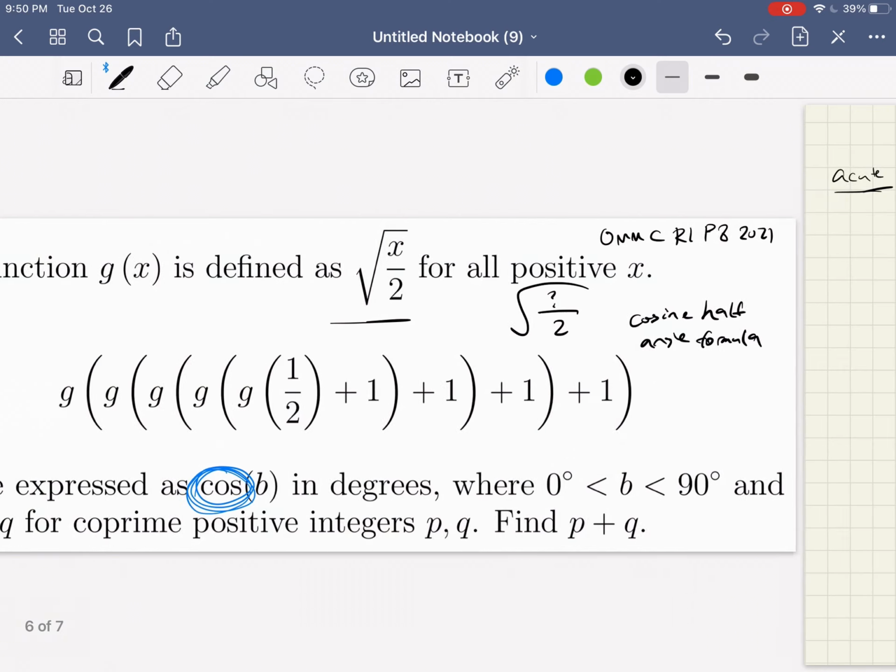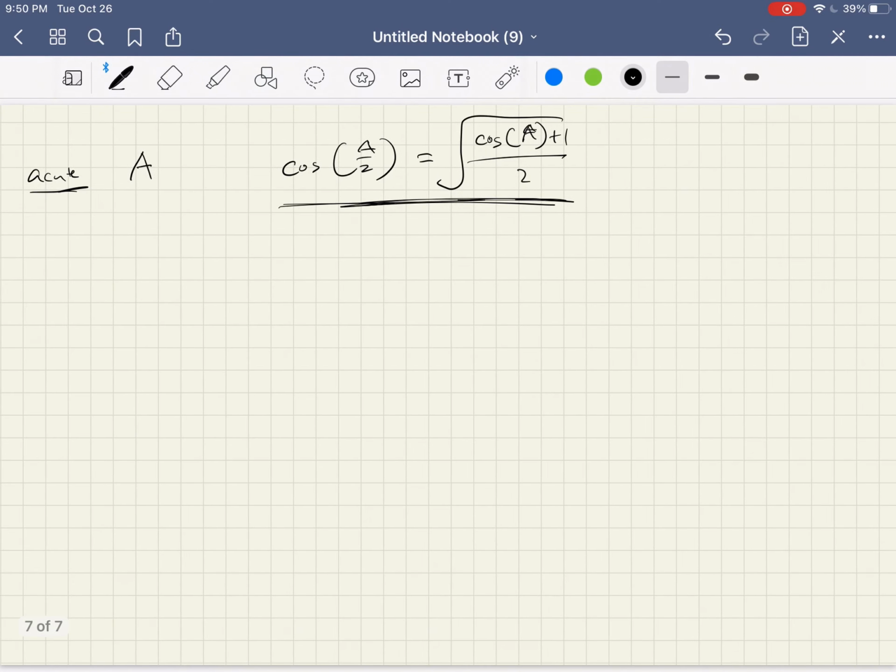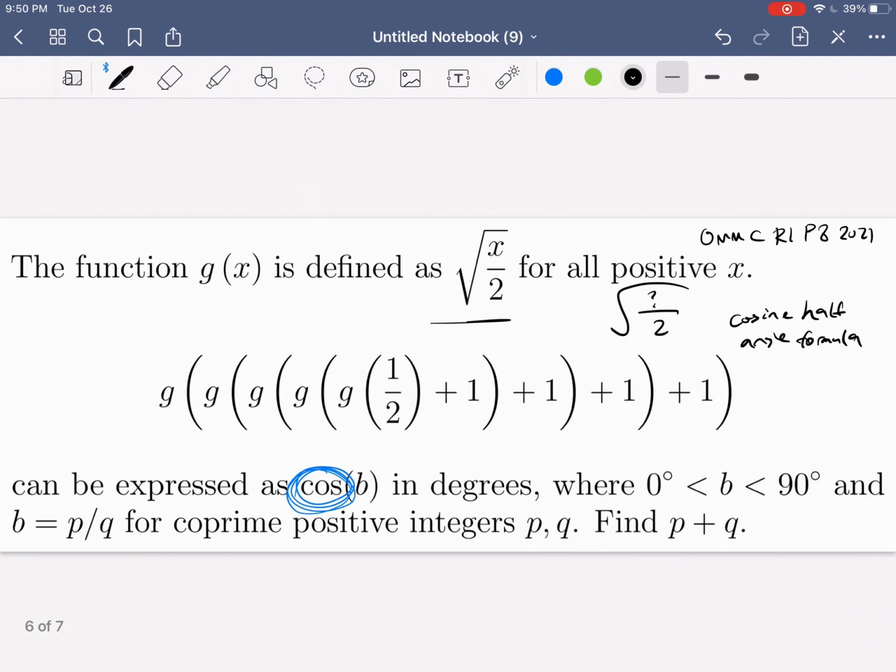So let's go back to the start. What we want to do to start off is to represent g of 1 over 2 as the cosine of something, because then we can add 1, divide by 2, take the square root of that, and then we can apply the cosine half angle formula, and we're all set.